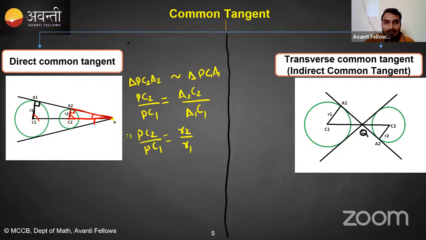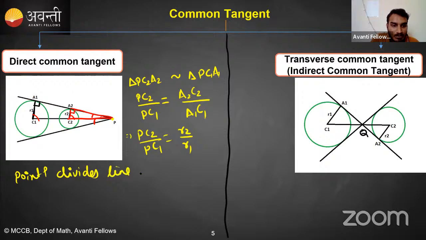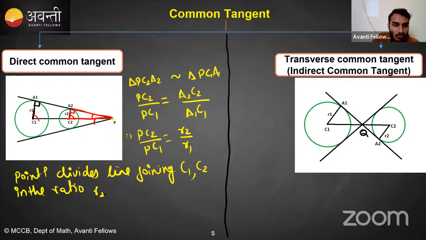So you can say that the point P divides the line joining C1 C2 in the ratio R2 is to R1 externally.